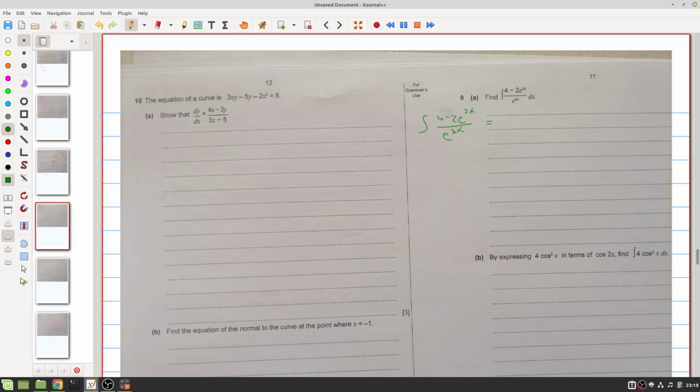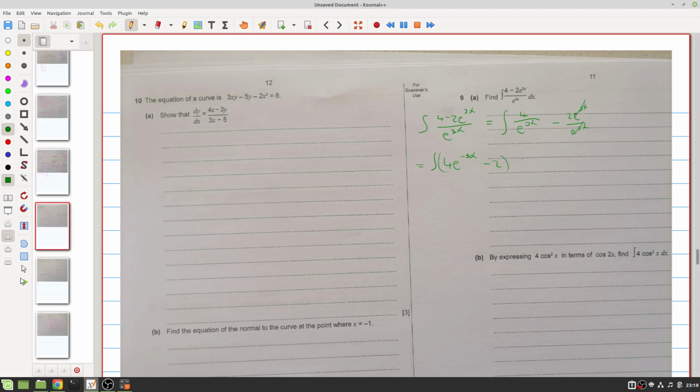So I'm going to split it up and say that's the same as the integral of 4 over e to the 3x minus 2e to the 3x over e to the 3x. Then we can simplify that even further: 4e to the negative 3x minus, and the e to the 3x cancels out here, so minus 2.